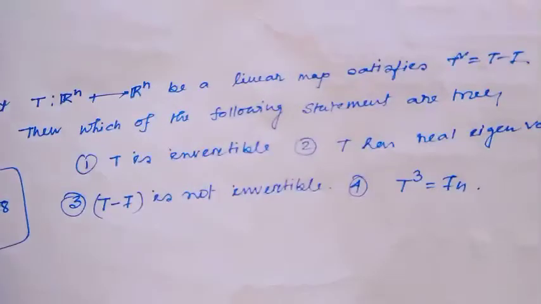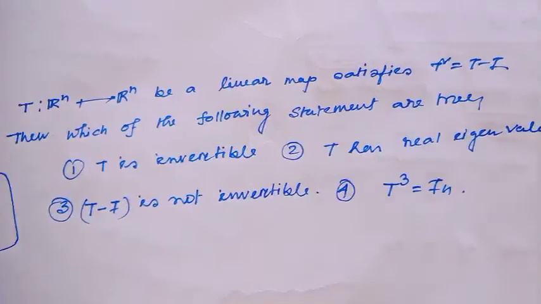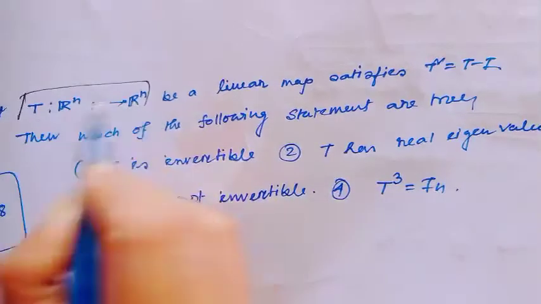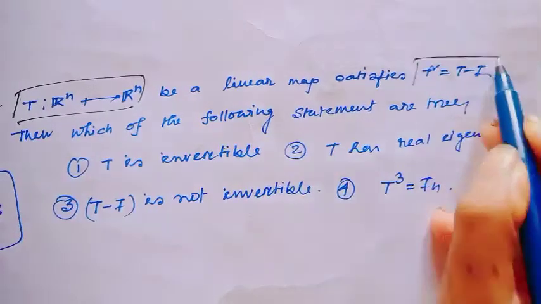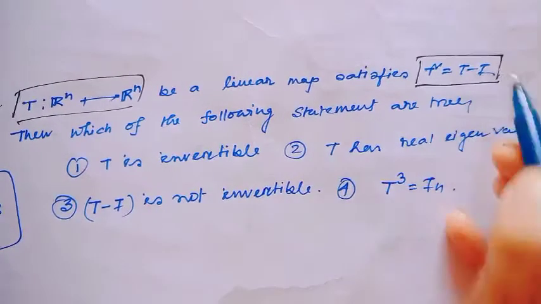The question is: consider a linear transformation T from Rn to Rn which satisfies T square equal to T minus identity.